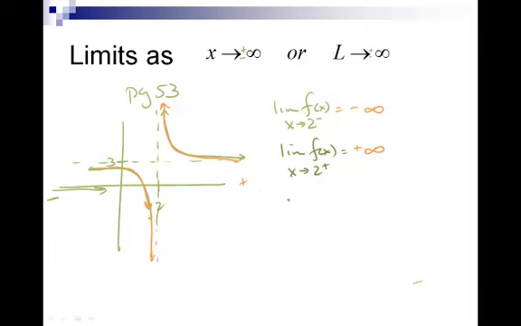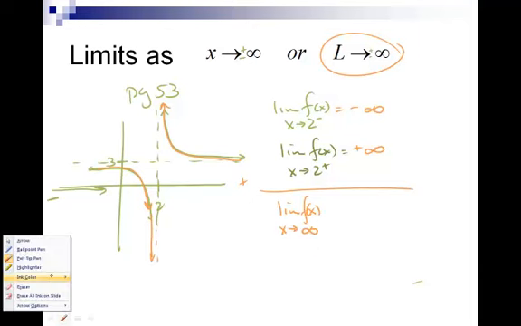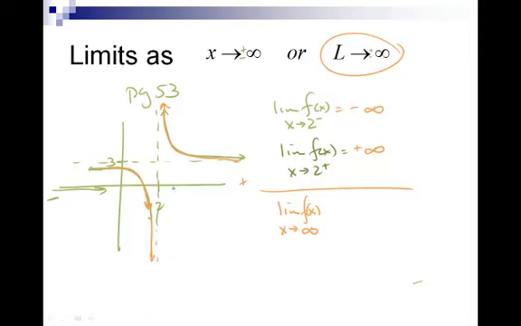Okay. The next thing we want to look at is the case where x is approaching infinity, the limit of f of x as x approaches positive infinity. So again, now we're taking the x value and we're going towards positive infinity, and you can see that the graph, as it moves out here, gets closer and closer to 3.